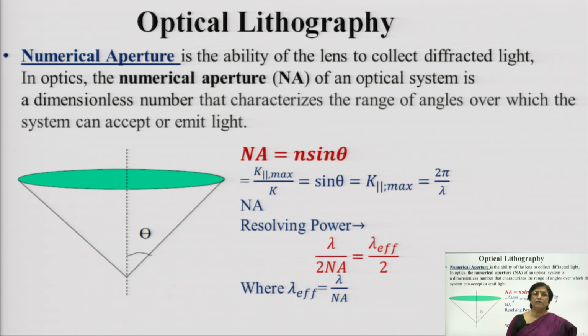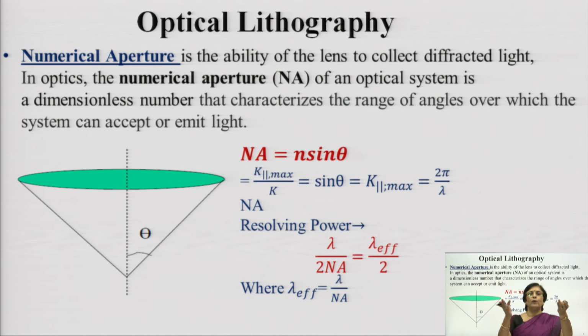It is the ability of the lens to collect the diffracted light, and in optics the numerical aperture of an optical system is the dimensionless number that characterizes the range of angles over which the system can accept or emit light.